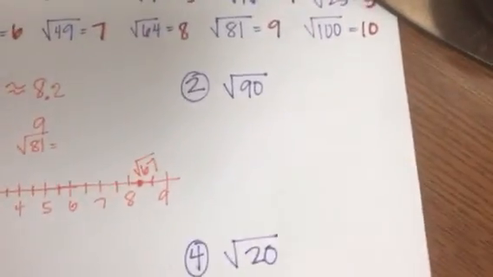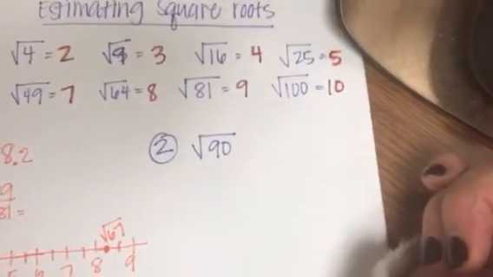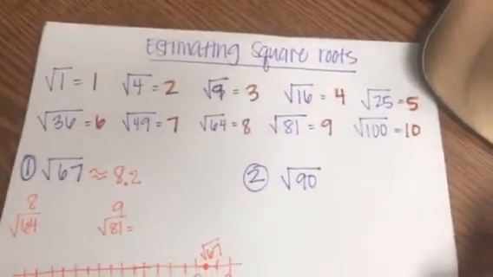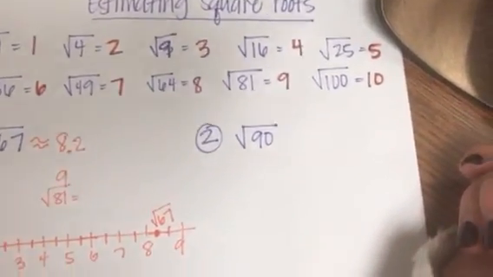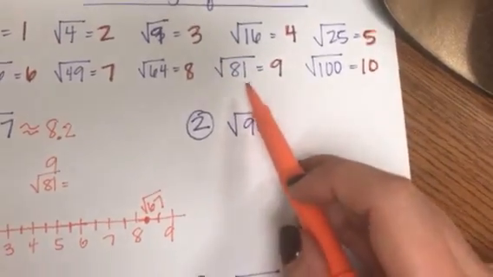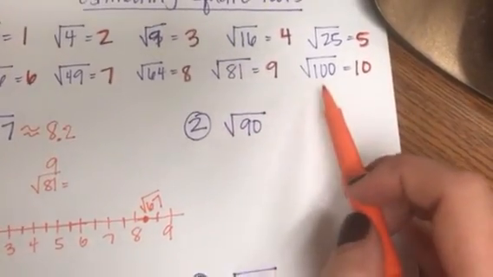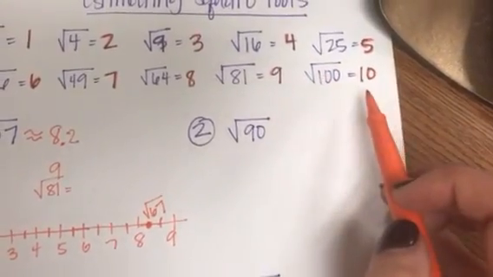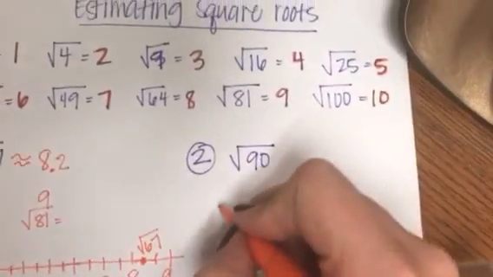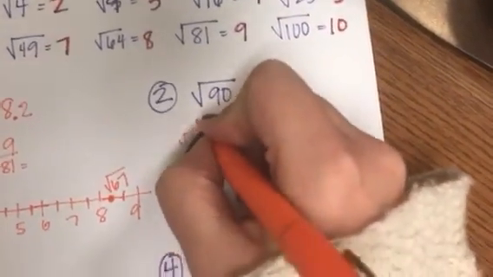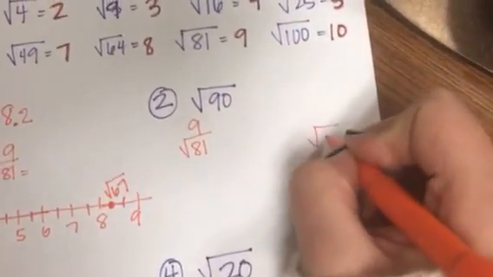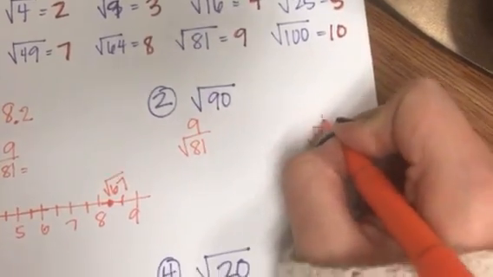So now let's look at the next one. We have the square root of 90. If we look at all of our perfect squares, the square root of 90 is going to fall in between the square root of 81, which is 9, and the square root of 100, which is 10.